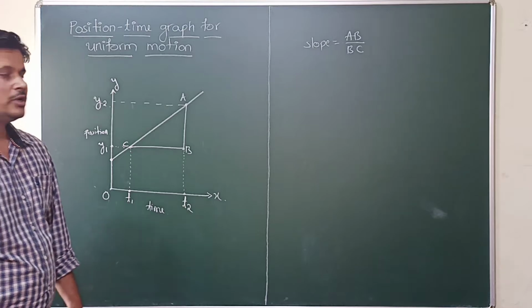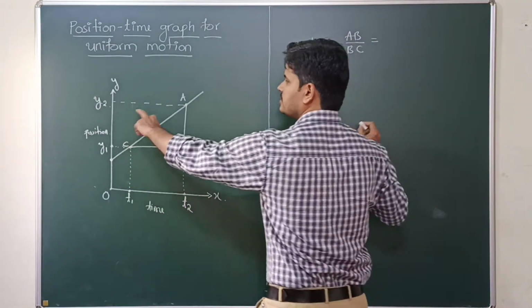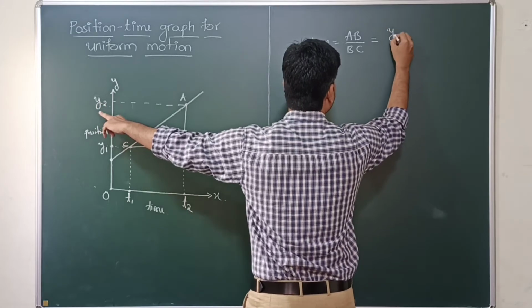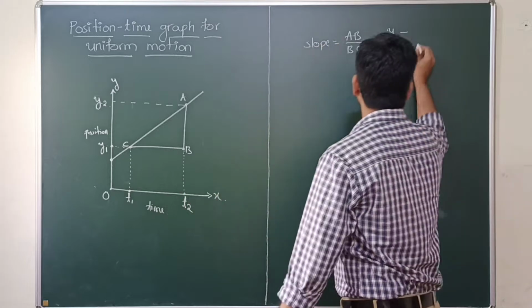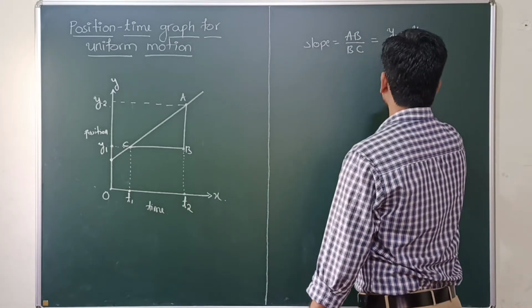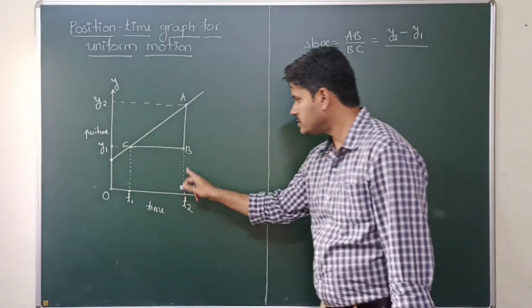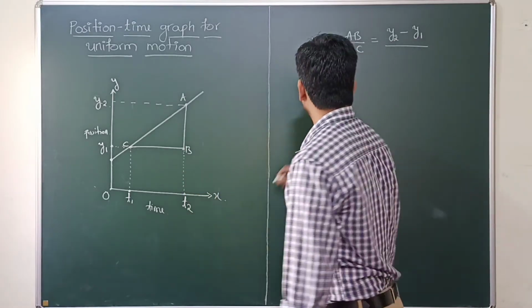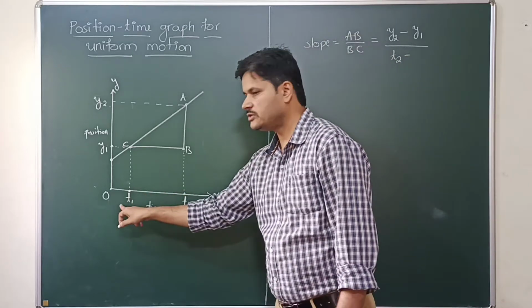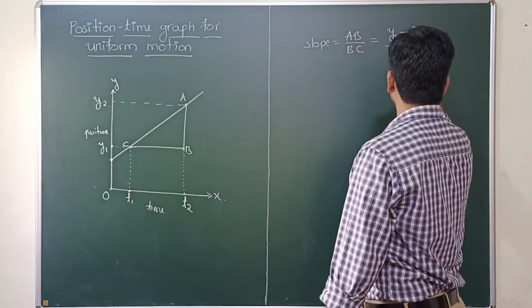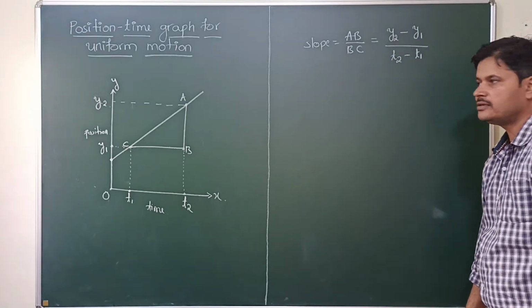To get AB we should do the greater value y2 minus y1, whole divided by BC, where t2 is greater, t2 minus t1.